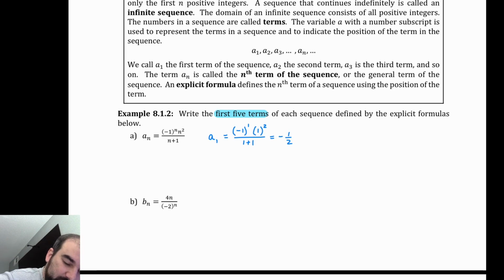Right, a sub 2 will equal a 2 plugged in for n, so negative 1 squared times 2 squared divided by 2 plus 1. And that is a positive 4 divided by 3, so 4/3.